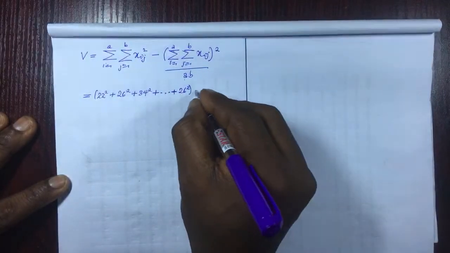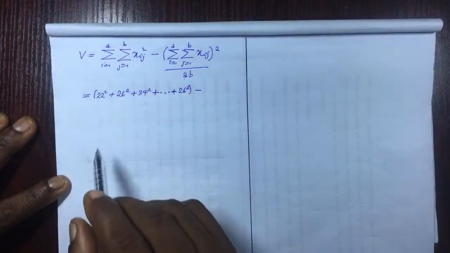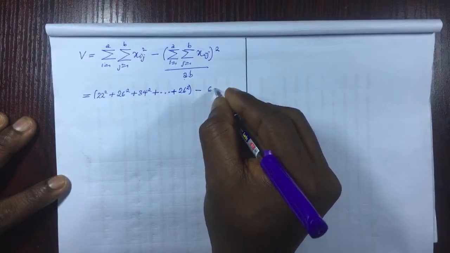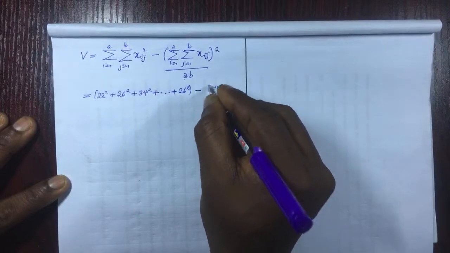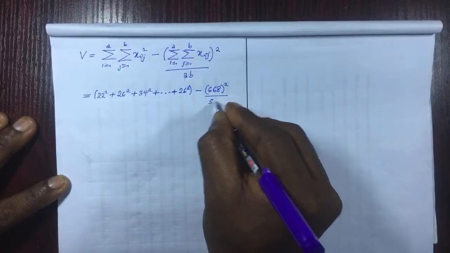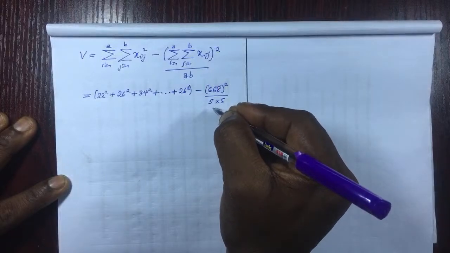Then subtract from it the total of all observations, meaning that you add 22 to 26 to 34 up to 26, you are going to have 668. So you could confirm these values all divided by 5 times 5, that is 5 the number of treatments and 5 the number of levels.